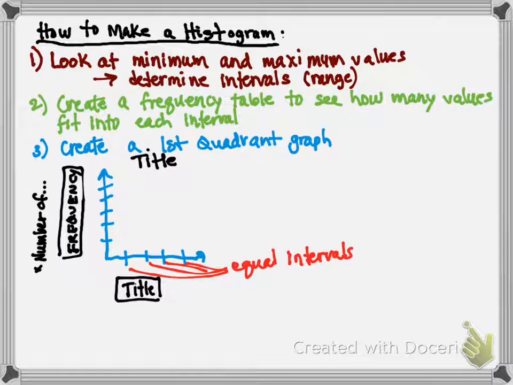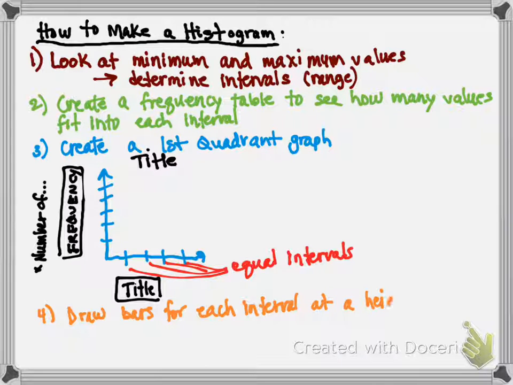So the last step is to draw bars for each interval at a height that matches its frequency. In other words, make the bars as tall as the frequency number tells you.